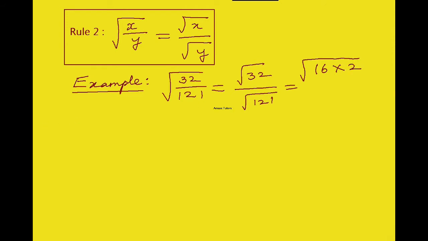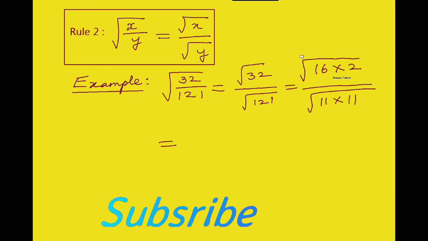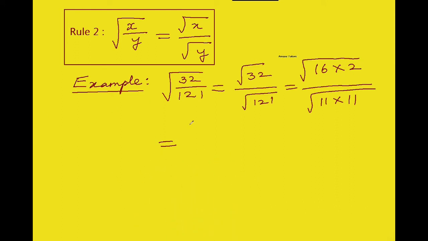Square root of 121. We know that it is square root of 11 squared, or square root of 11 times 11. Now, using the first property, rule 1, it's multiplication, I can write them as 2 surds, 2 radicals. So, split them using rule 1. Now, no need to split this.